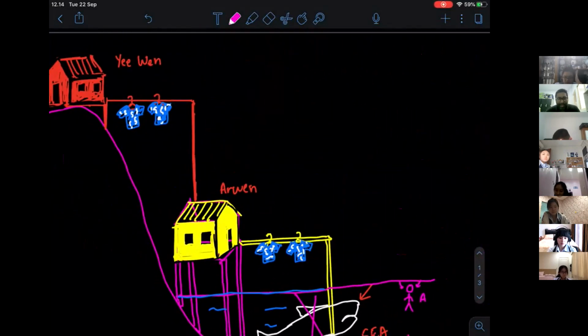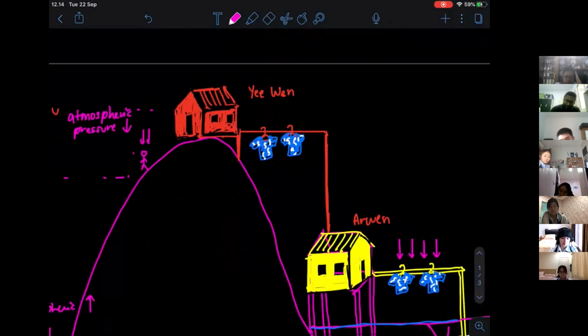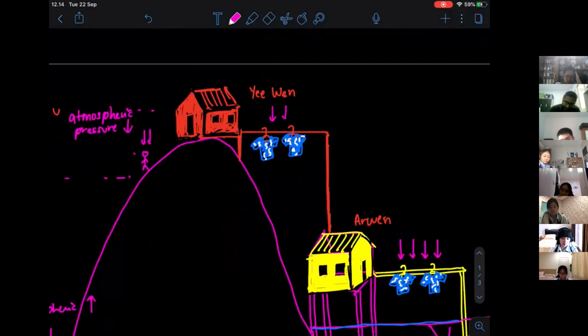If I represent the atmospheric pressure using arrows, there are 4 arrows of atmospheric pressure, for example, here. E1 only has 2 arrows over here, to show that the atmospheric pressure is lower. When you evaporate, the water from your clothes wants to go out, so it will exert a vapor pressure.